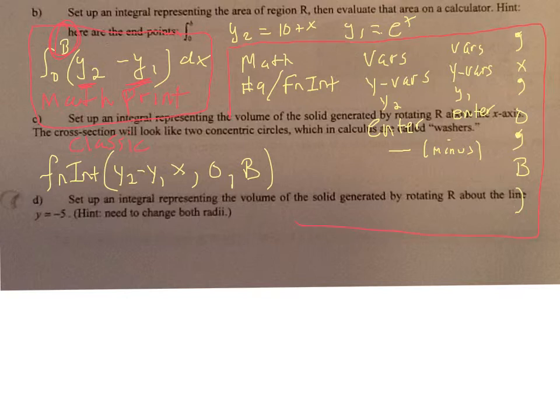So you have to go to math, number 9, which is FNINT, and then vars, y, vars, hit y2, because y2 is, in my case, 10 plus x, then hit enter, and then hit a minus sign, and then vars, y1, and enter, and then we need a comma, x, comma, 0, comma, b, and end your parentheses, and you should end up looking like this.